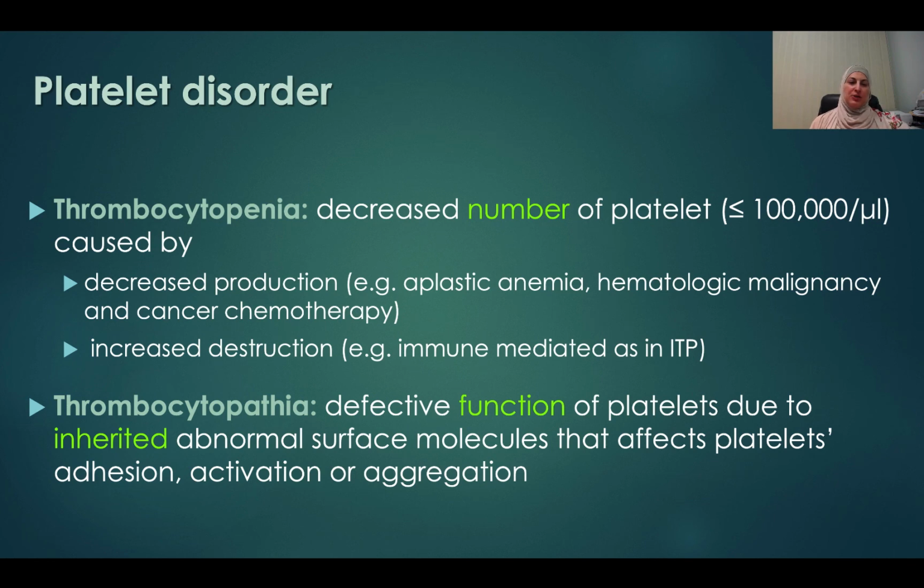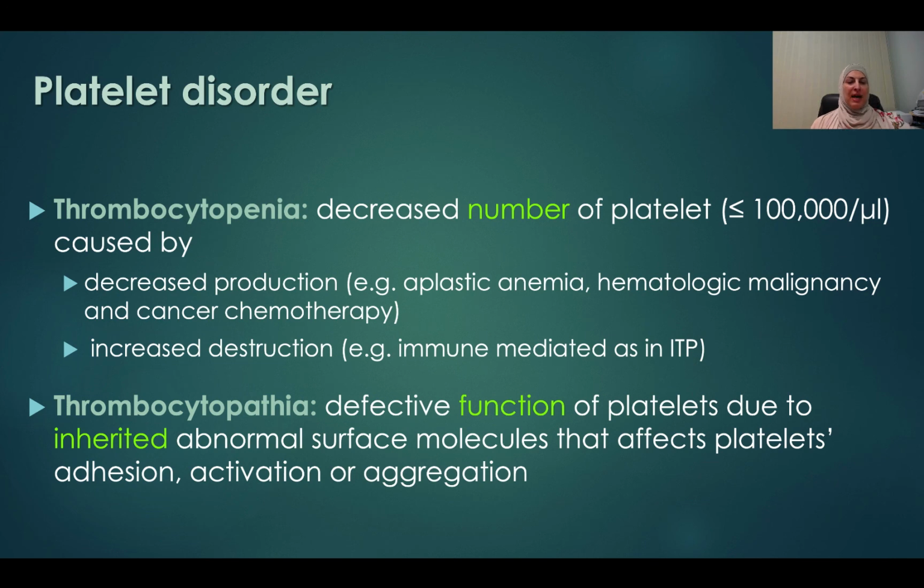This can be related to decreased production of platelets as part of aplastic anemia or any hematological deficiencies, as we stated earlier, or it might be related to destruction of the platelets. The most common type of excessive destruction is immune-mediated thrombocytopenia.